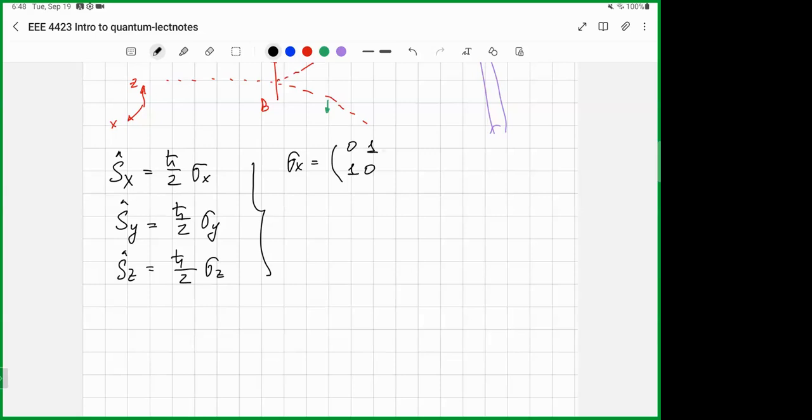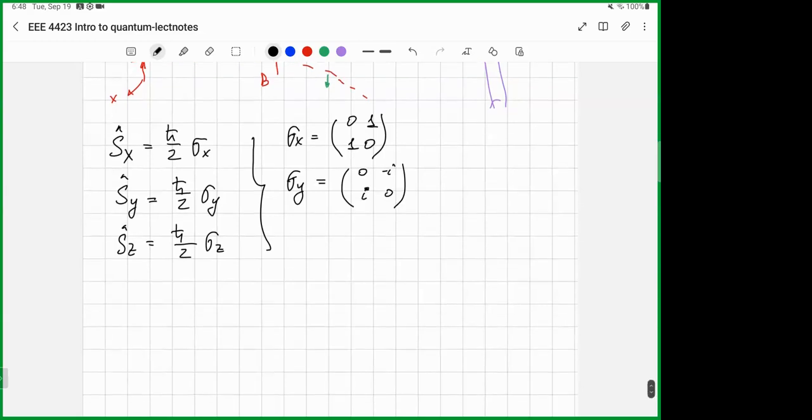0, 1, 1, 0. Sigma y is the second Pauli matrix, given by 0, minus i, i, 0. So we already met these two matrices today, right? In the problems. And sigma z is the third Pauli matrix with components 1, 0, 0, minus 1.